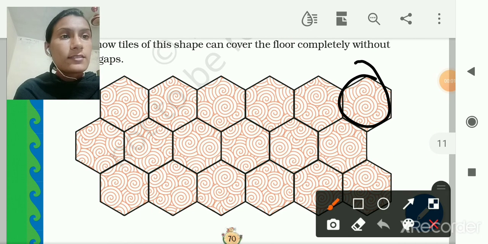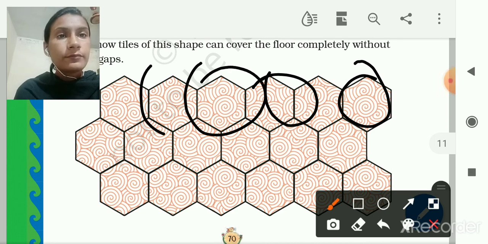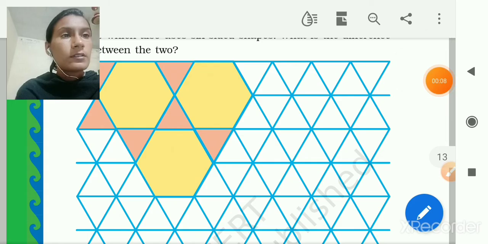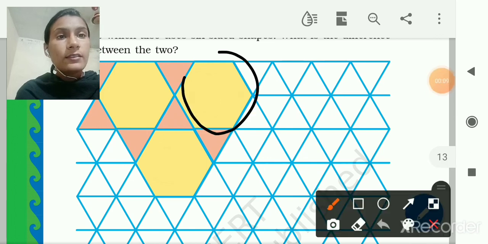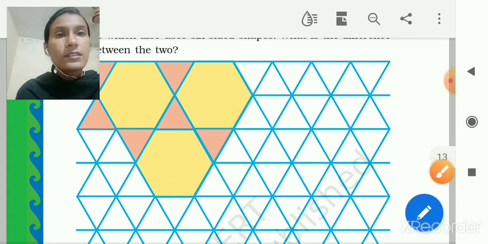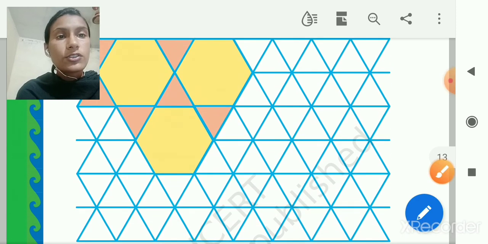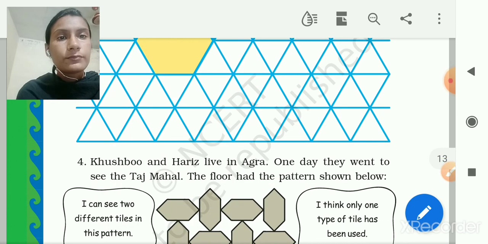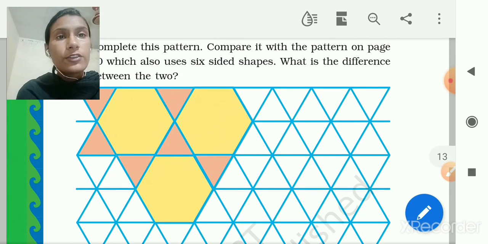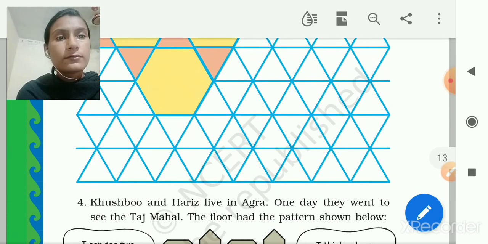You can see only hexagons here, while in that pattern there are hexagons and also different tiles, that is, triangle type. So this is the difference between the two. This is your homework. You have to complete this pattern in your textbook, and you can use only crayon colors.